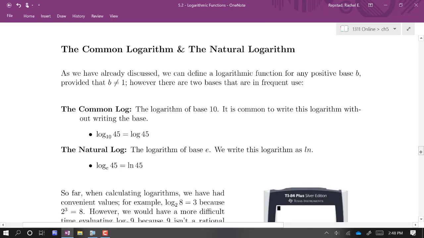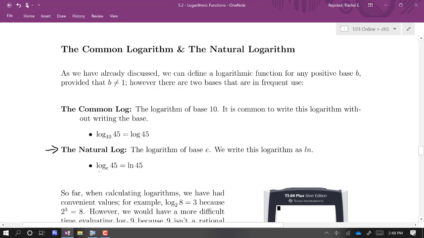Now we're going to take a few minutes and talk about 2 very common bases. One, in fact, we call the common base, and the other is the natural base, right? We are already familiar with the natural base e from when we were talking about the exponential functions. When we use that natural base on a log function, we call that the natural log.